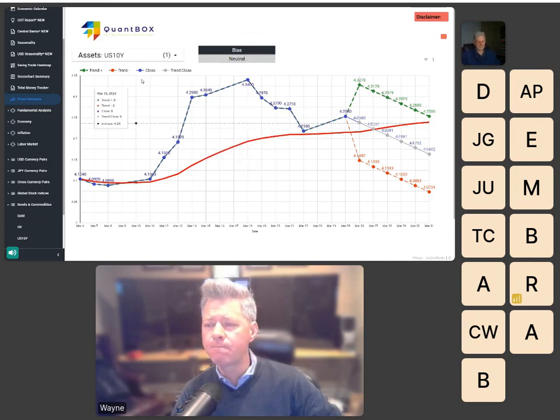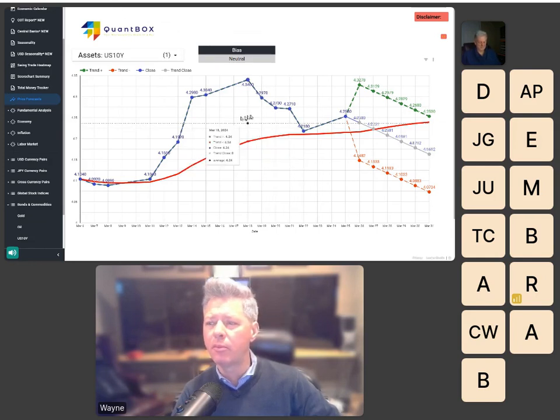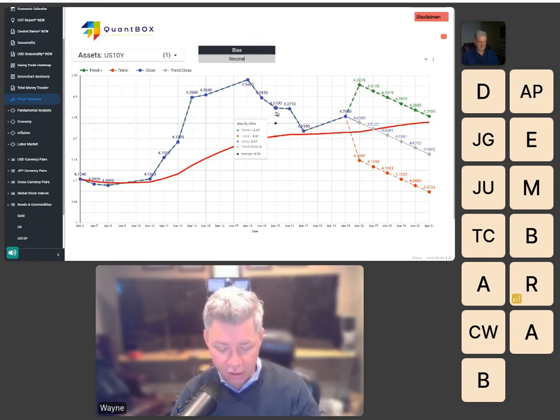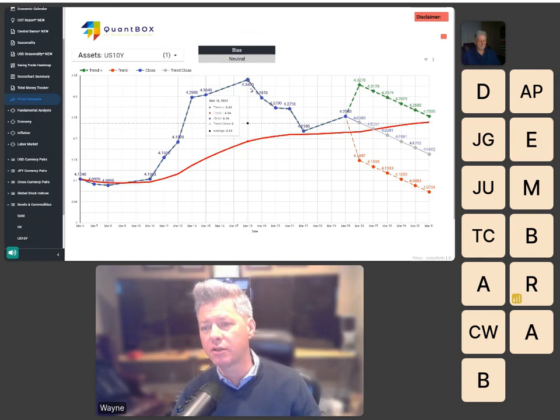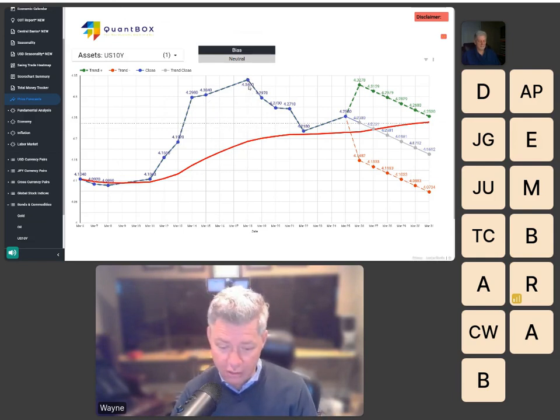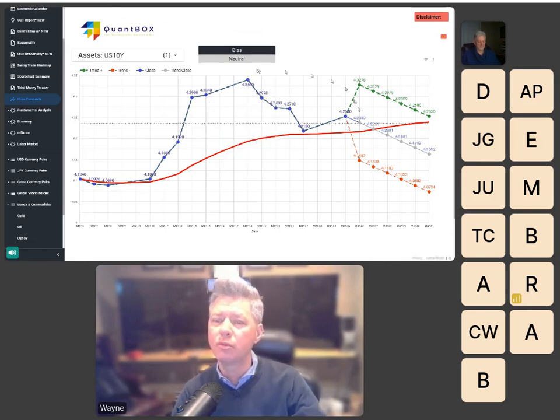Now the 2-year is more sensitive in the very, very short run, as far as the yield falling quickly, the velocity of the yield change. But in the long run, for sensitivity to interest rate changes by the Fed, you do better on the 10, 20, and 30.